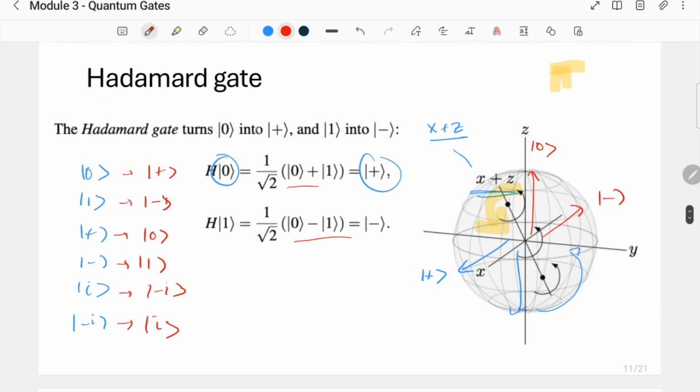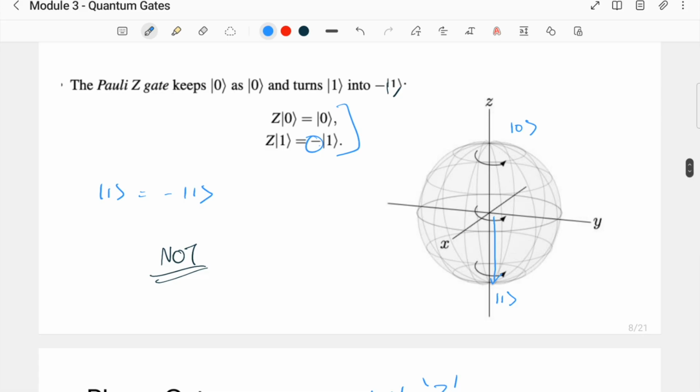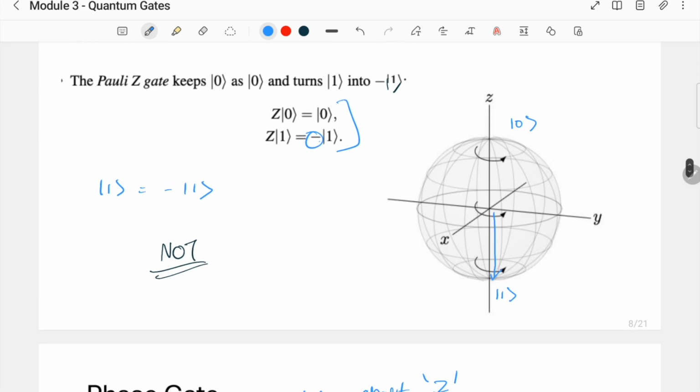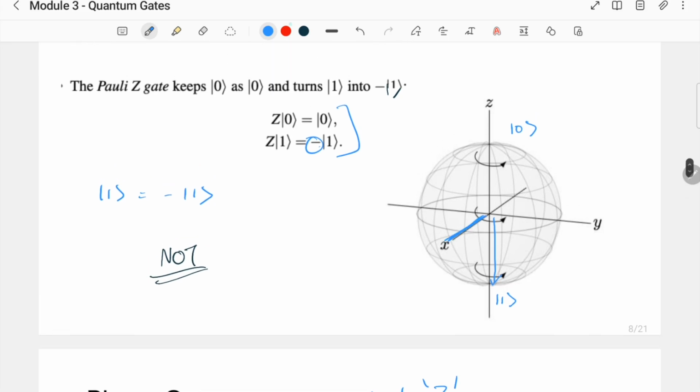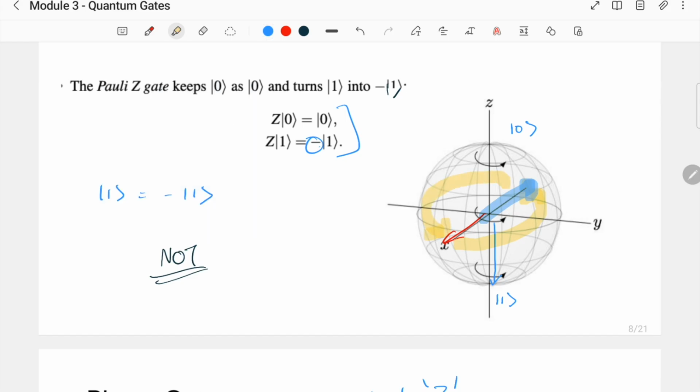And just as we discussed with the Pauli XYZ gates, if you apply the gates twice, let's go back for a minute. If I start with a state here, let's say, and you rotate it once, you obtain this point right here. If you rotate it once again, you get back to the original starting position.